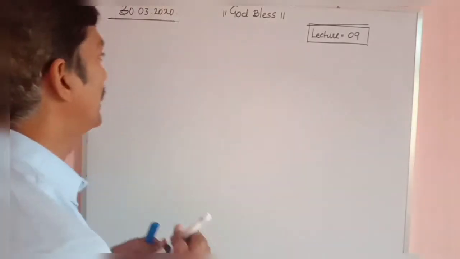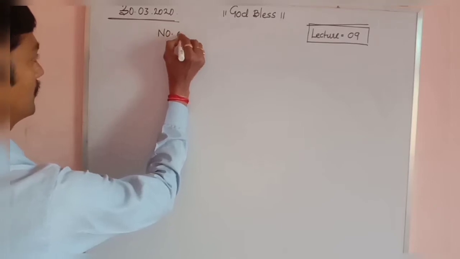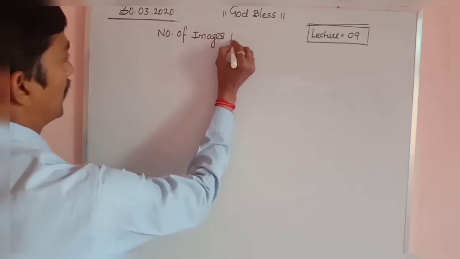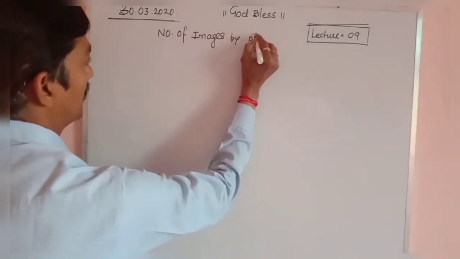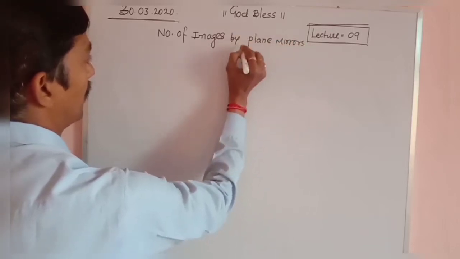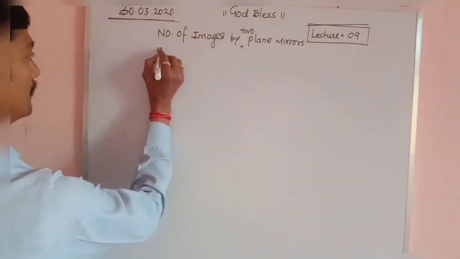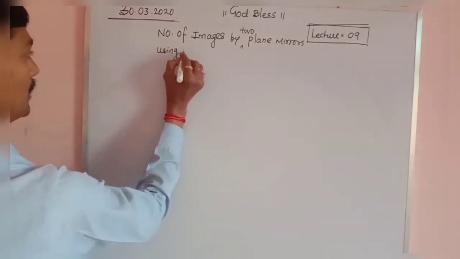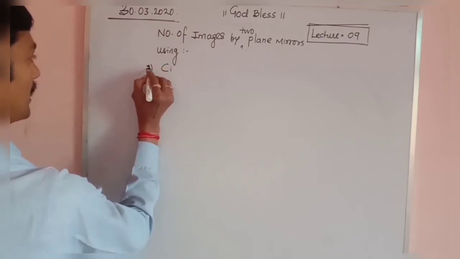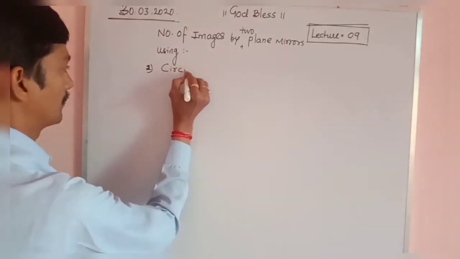Now today I will find the number of images by two plane mirrors. The first method, the ray diagram, is already over. Now using circular tricks.